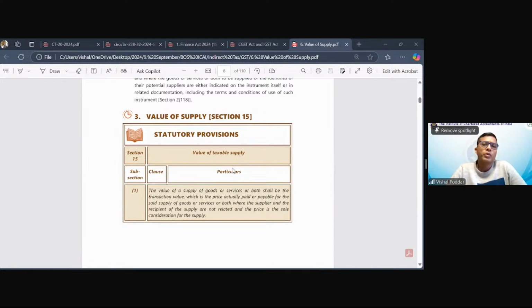Now, both valuations are totally different. Why? Because one is for international transactions where the dynamics are different, where you have different international norms to be followed. You have the CTO, you have the WCO, you have the OECD. There are so many factors that come into play when it is an international transaction.